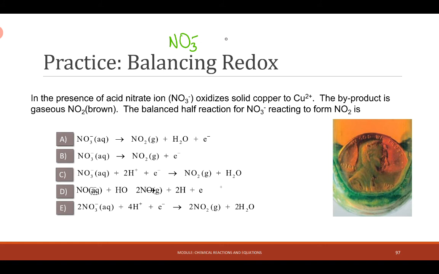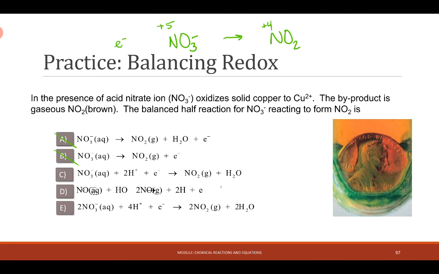And so listen to me. So the nitrogen here is going to be a +5, and here it's a +4. So it is gaining an electron. And so we have to look to see which ones have electrons on the reactant side, which are not those.